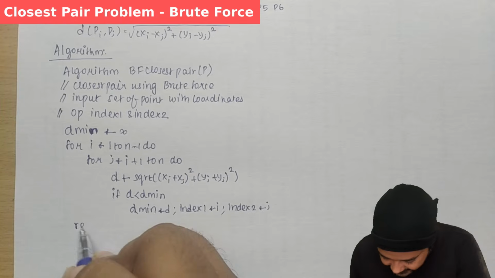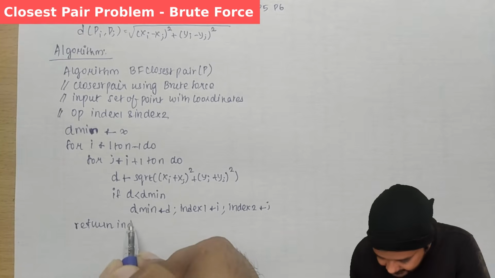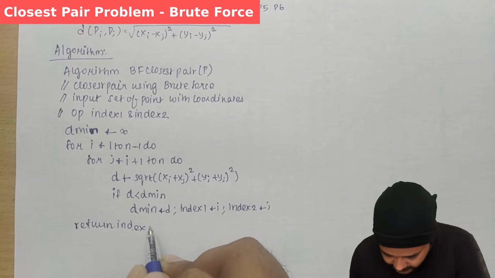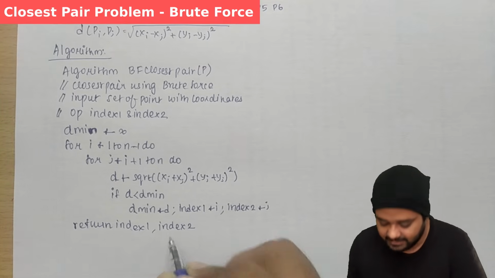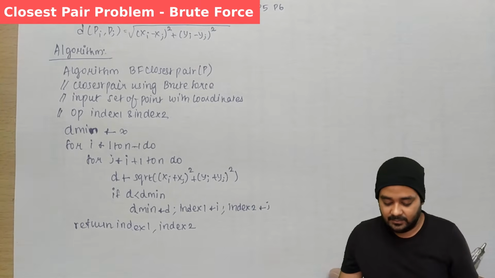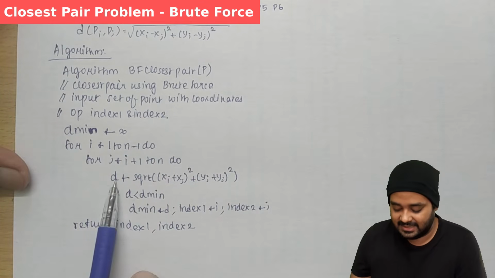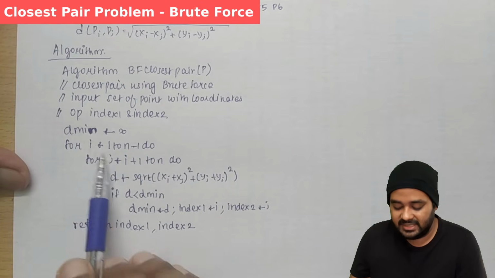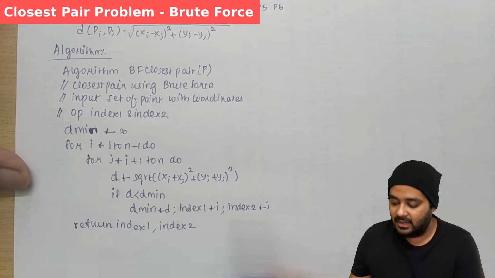Once all the iterations are over, I am returning index 1 and index 2. This is how we write down the algorithm. We calculate the distance for each and every point, and then identify the minimal out of it.